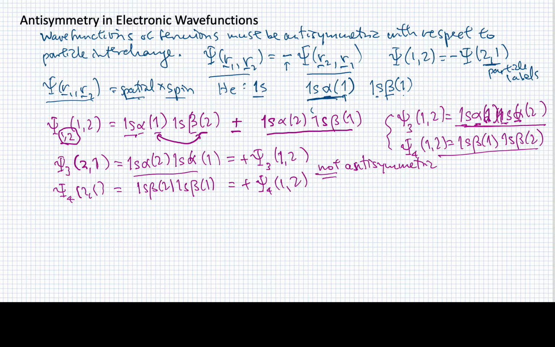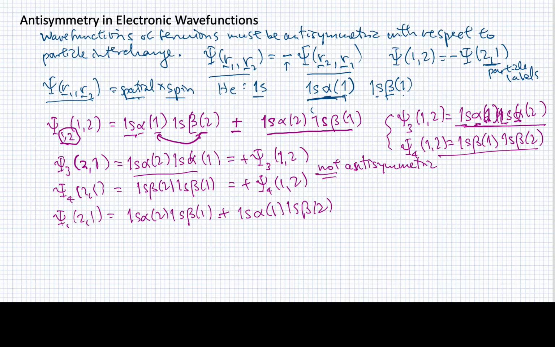For the first 2, I'm going to have, for example, state 2, 1 is going to be the sum of these wave functions, so it'll be 1s alpha 2, 1s beta 1, plus 1s alpha 1, 1s beta 2.